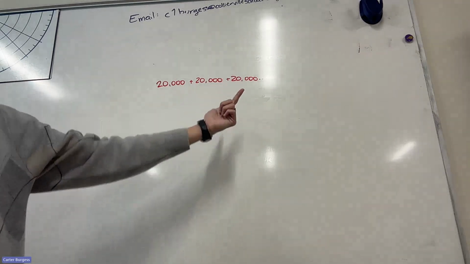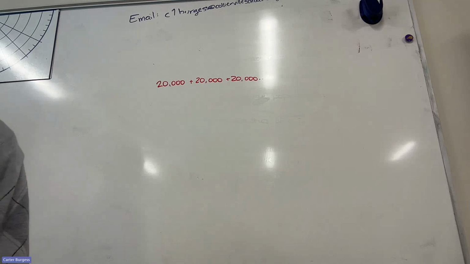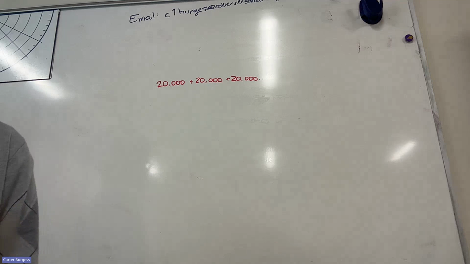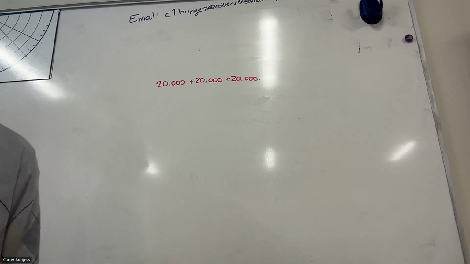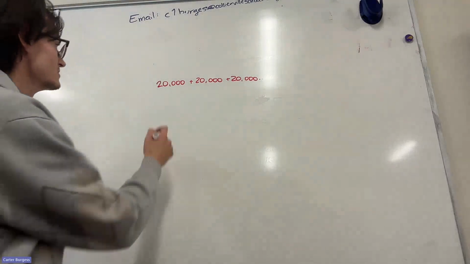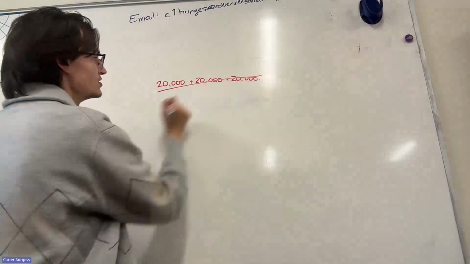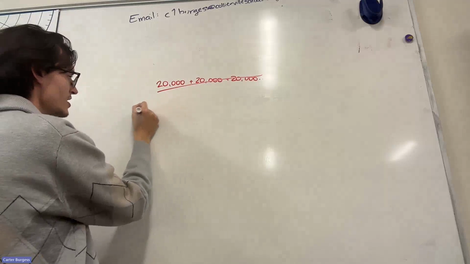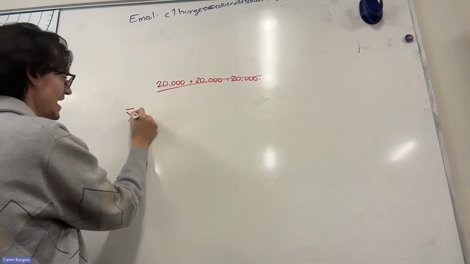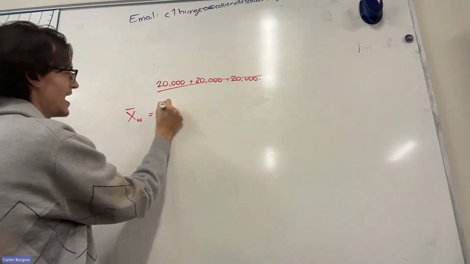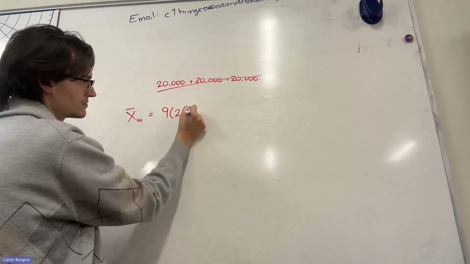If I'm going to add 20,000 to itself 9 times, what is an easier, faster way to write that? 9 times 20,000, right? So rather than doing it by hand like this, we're going to say that our weighted average is going to be 9 times 20,000.